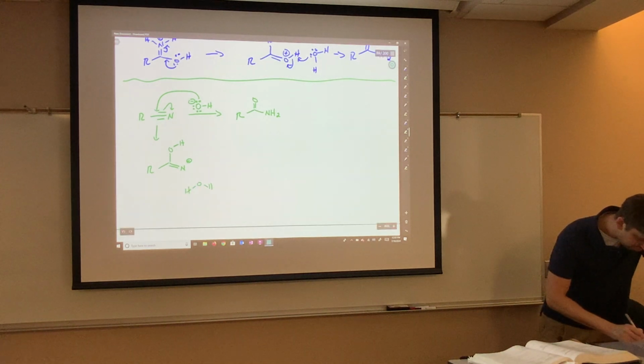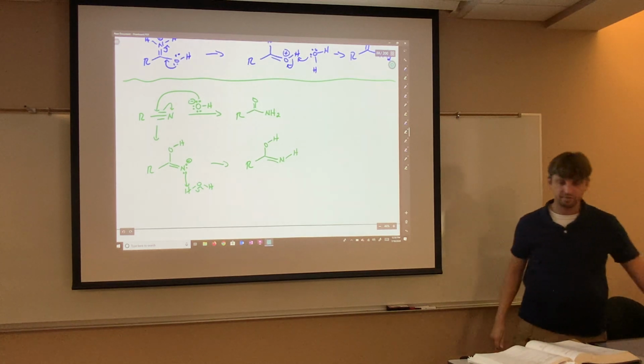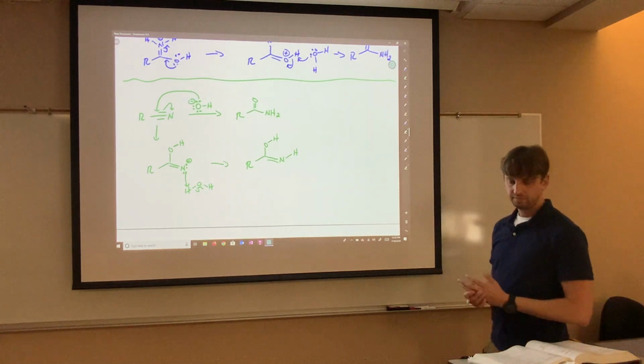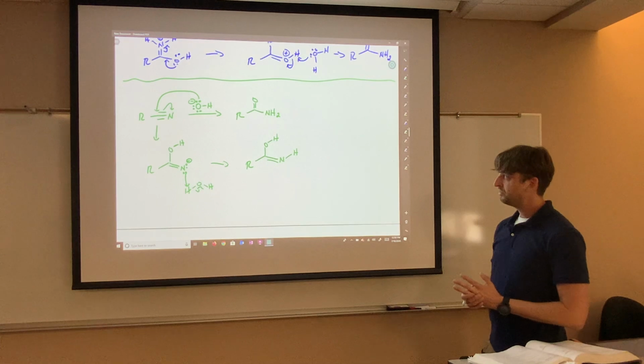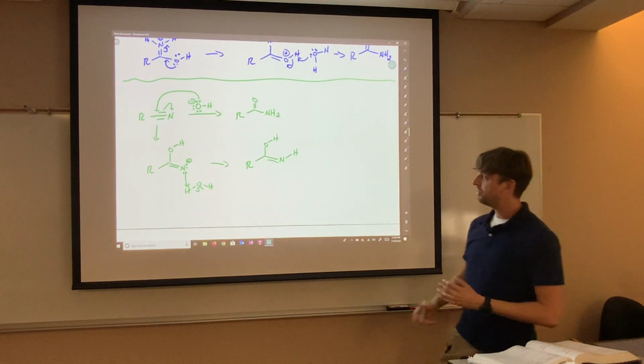We shuffle some protons around. We're under basic conditions, right?